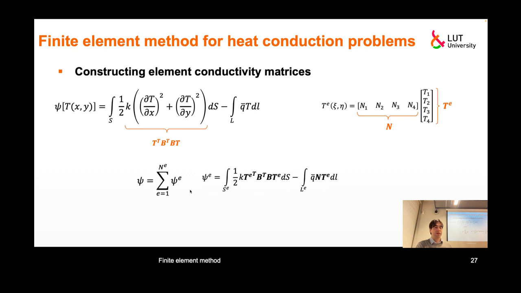So now what have we done actually? We have built an expression that, once we know nodal temperatures at 4 nodes of our element, any element in our mesh, we are able to directly calculate the contribution of this element to this functional. Okay, there is nothing unknown except for those nodal values of temperature. And then I can calculate the sum over all elements, and I will have this full functional for our problem, some value.